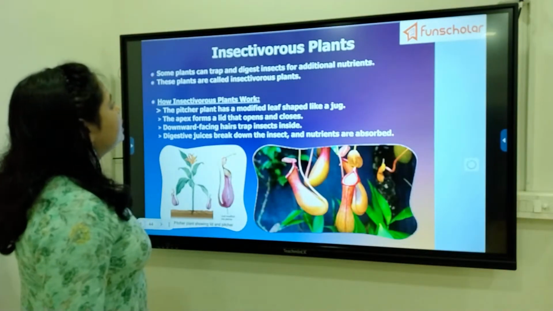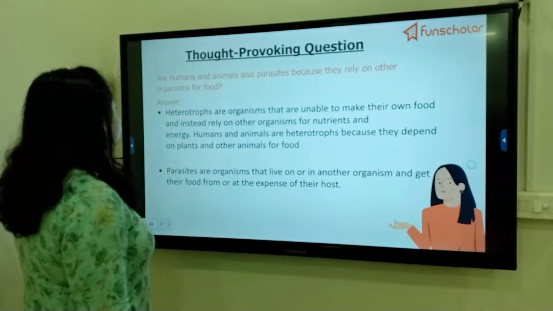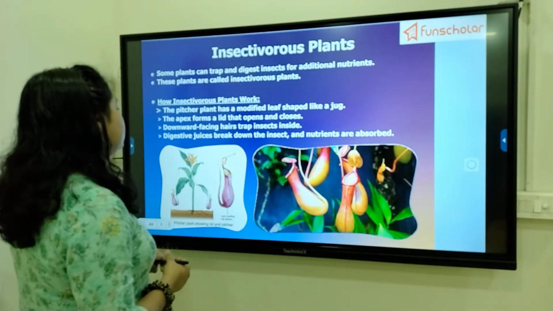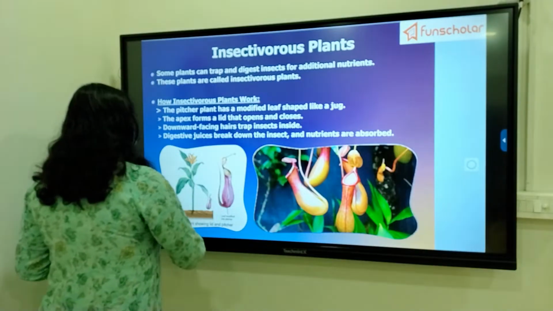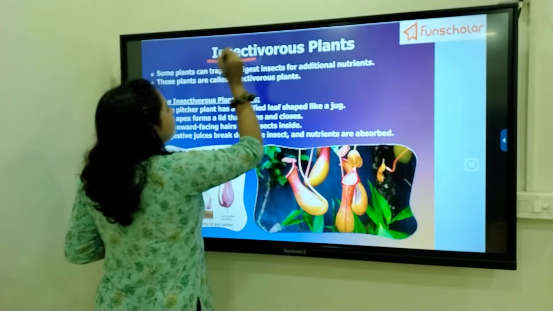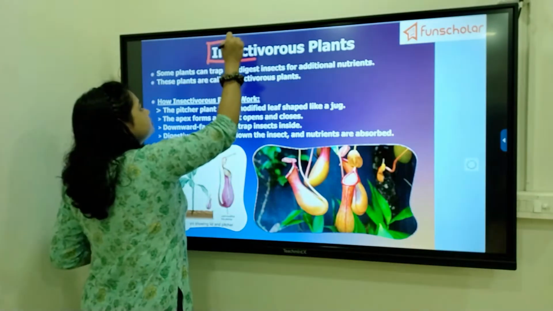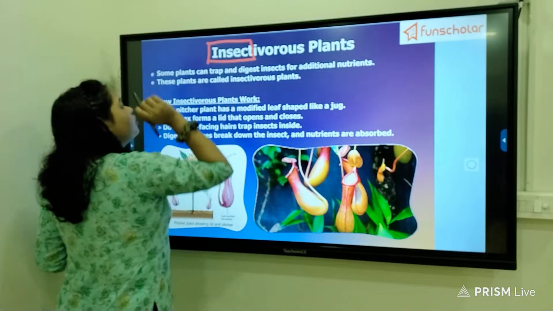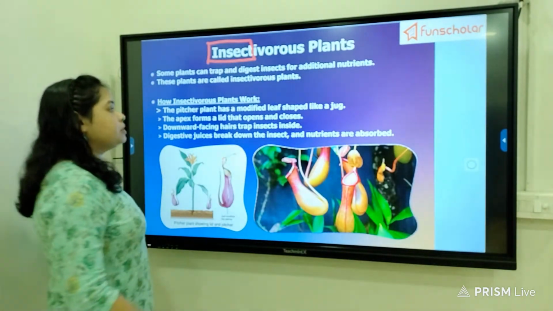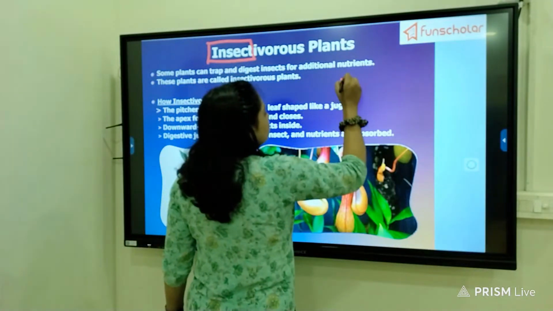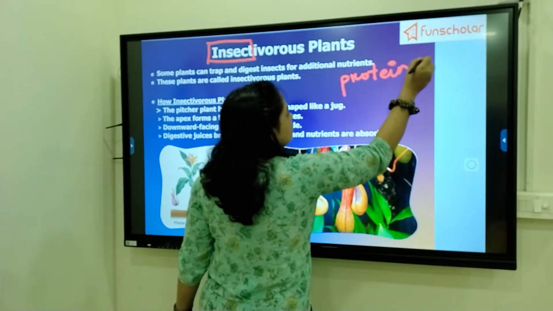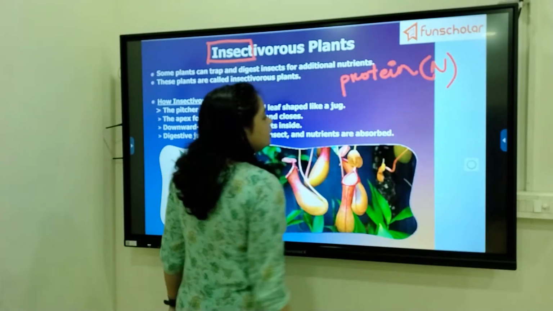So coming to the next type of heterotrophic mode of nutrition in plants, that is the insectivorous plants. From the name itself you can understand that they depend on insects as their food to derive their nutrition, particularly the protein, or I can say the nitrogen, right?